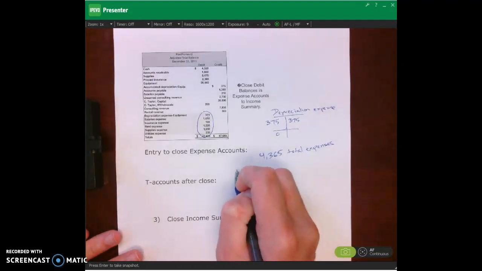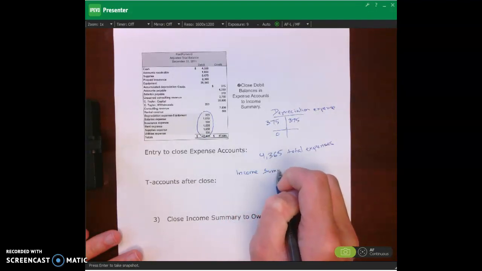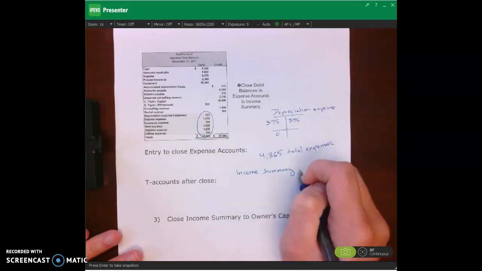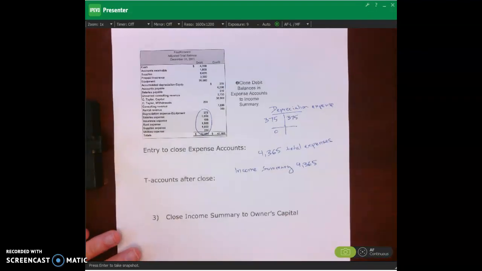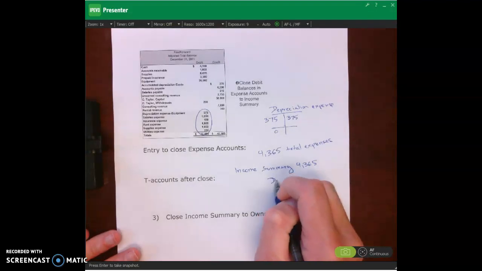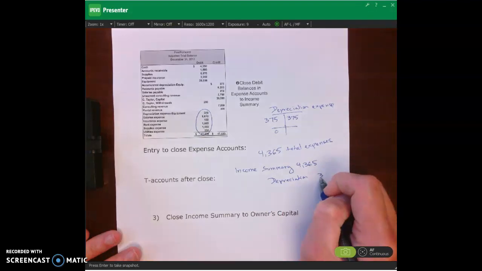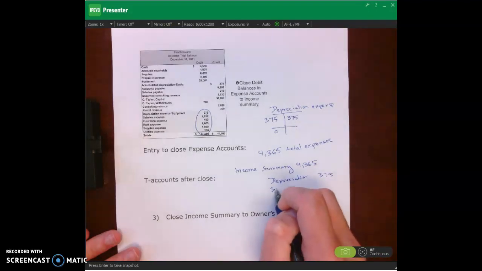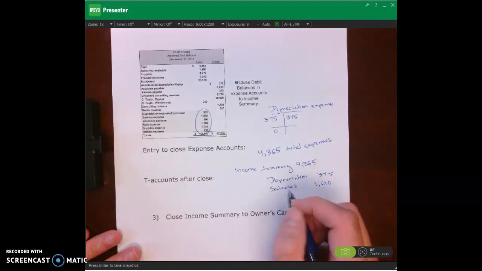So I'll come over here and I will debit income summary for our total, $4,365. And then I'm going to credit depreciation, $375. I will credit salaries. I will credit insurance.